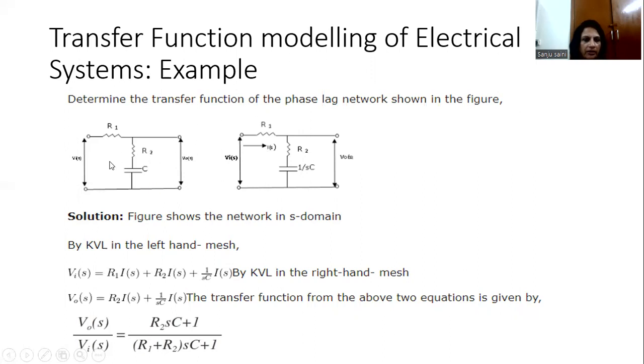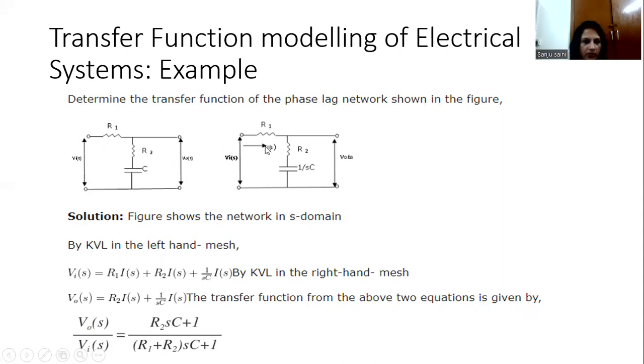Then, in order to get the equations of this system, we apply Kirchhoff's voltage law. When we apply it, we can write V_i(s) is equal to R1 times I(s) plus R2 times I(s) plus 1/(sC) times I(s); here the output side is an open circuit.